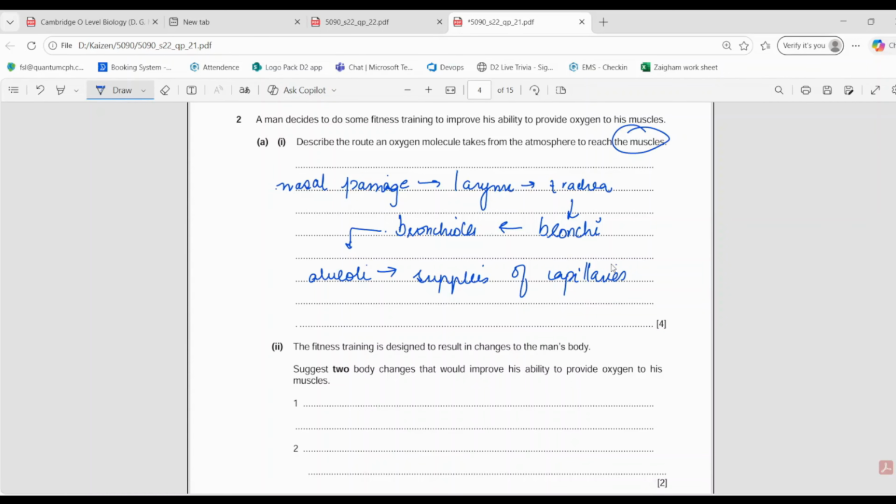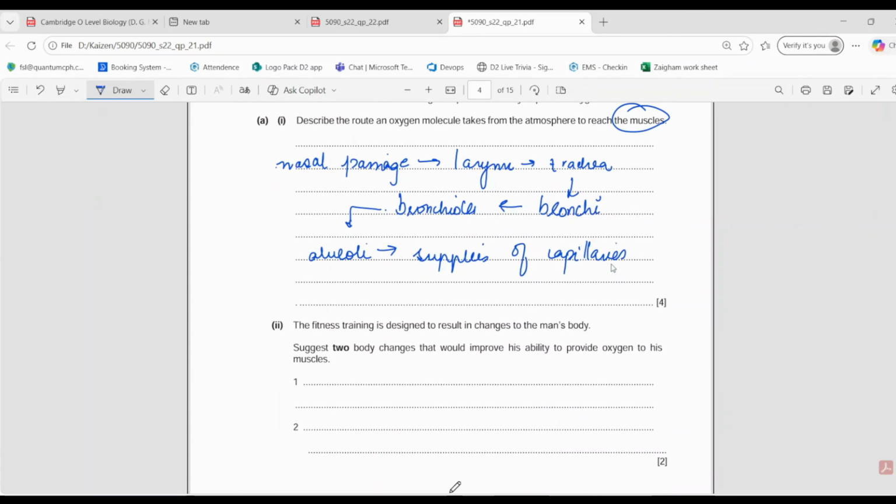Suggest two changes that would improve his ability to provide oxygen to his muscles. So this is how you develop the fitness, like increase the lung capacity. What should be your answer? The very first thing is increase in the lung capacity.